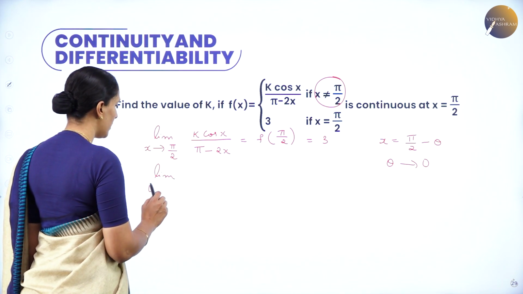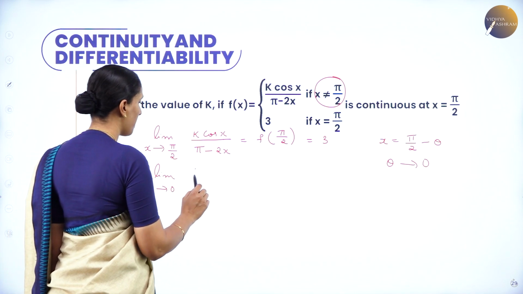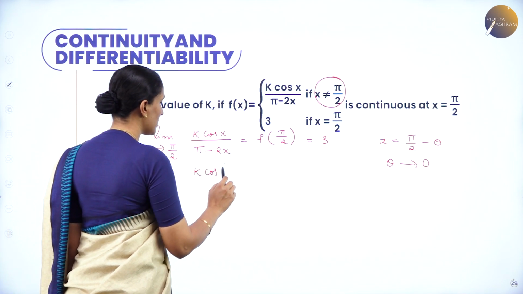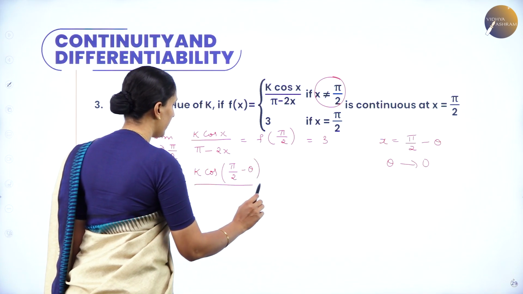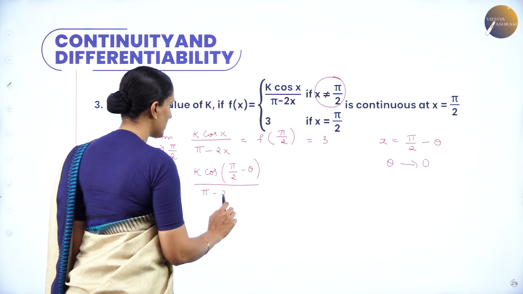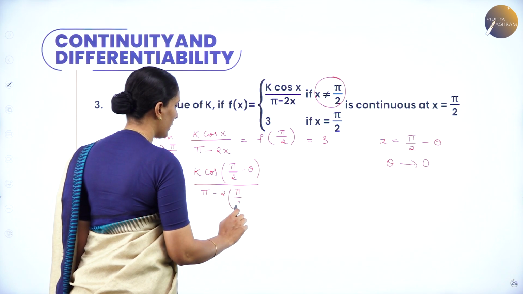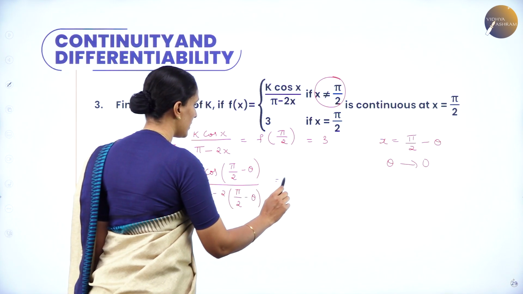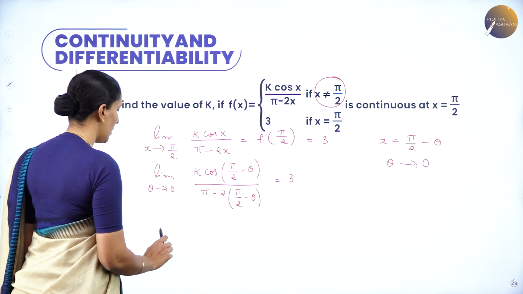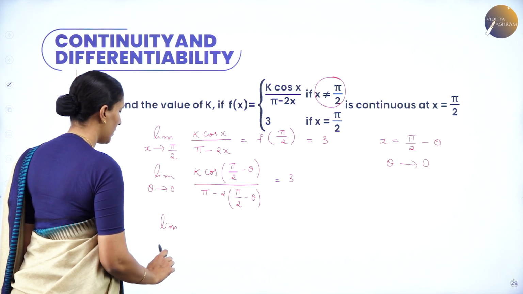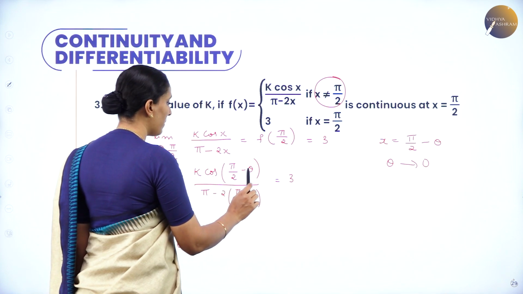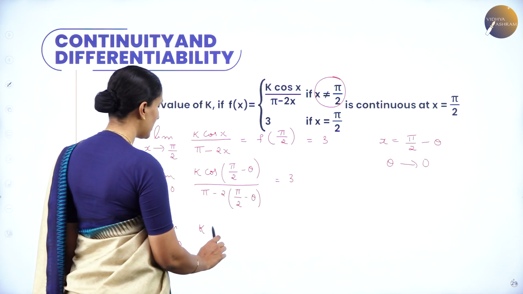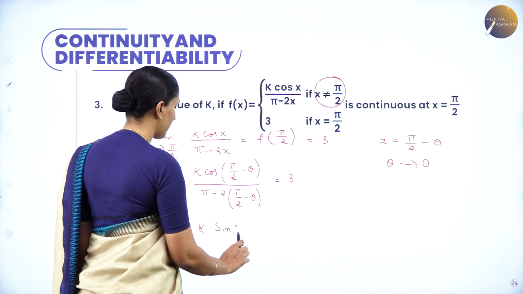So limit theta tends to 0, k cos of pi by 2 minus theta, whole divided by pi minus 2 into pi by 2 minus theta, is equal to 3. So limit theta tends to 0, k cos of pi by 2 minus theta can be written as sin theta.